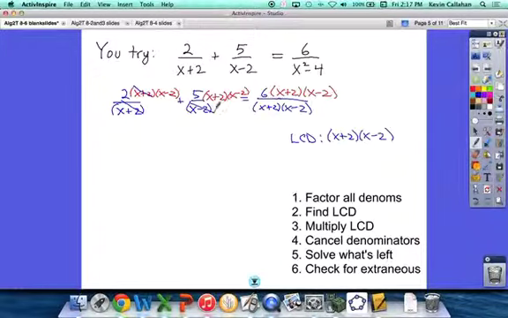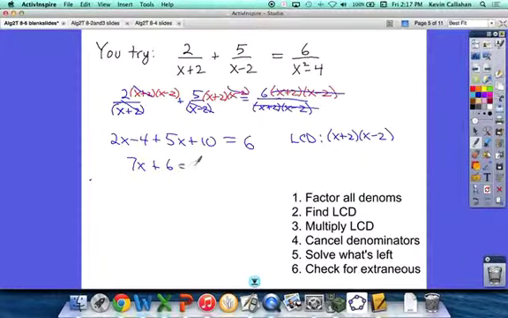In the next term, the x minus 2 cancels. And the last term, they both cancel. And so what's left is 2 times x minus 2, which is 2x minus 4. 5 times x plus 2, which is 5x plus 10. And 6. So 7x plus 6 equals 6. 7x equals 0. X equals 0.